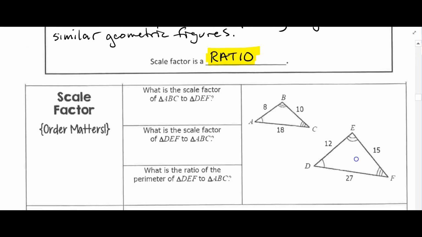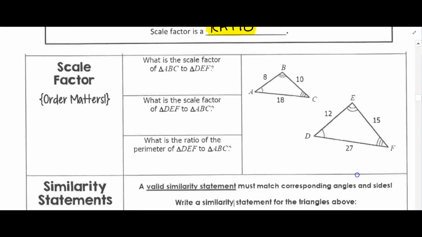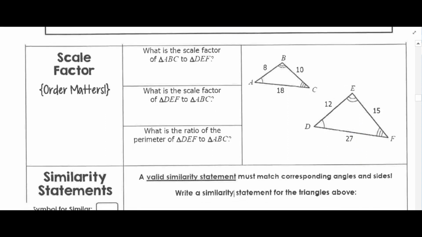Alright, so let's take a look at some similar polygons here. Remember, order matters, so we have to pay close attention to the questions. It says, what is the scale factor of triangle ABC to triangle DEF? So we could show that these are similar. We're just going to assume that they are right now. So what we need to do is pick a pair of matching sides. It doesn't really matter which ones you pick.